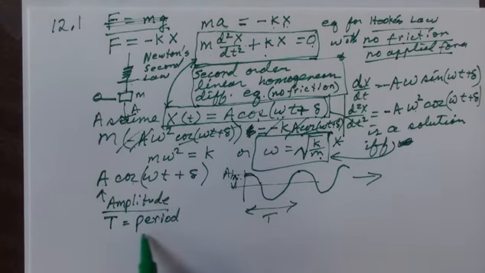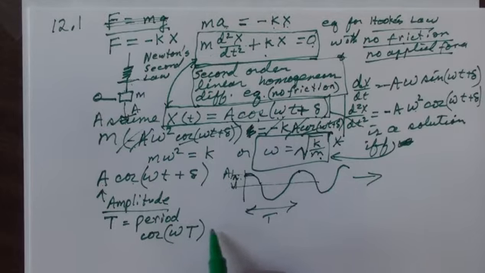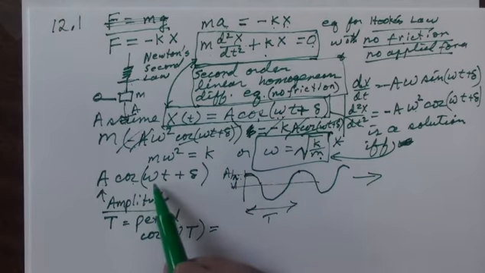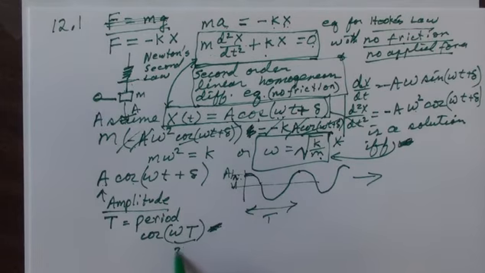Well, I must have a cosine of omega times T. Over that period, the cosine would go through exactly an amount of 2 pi. That's one full oscillation.